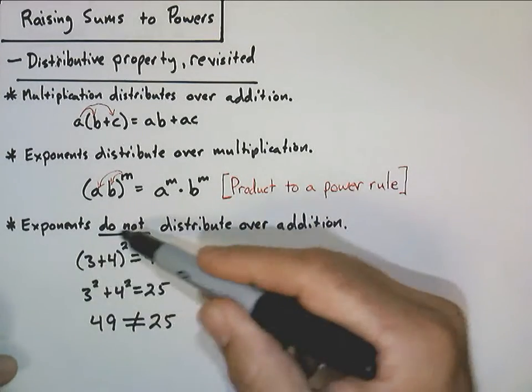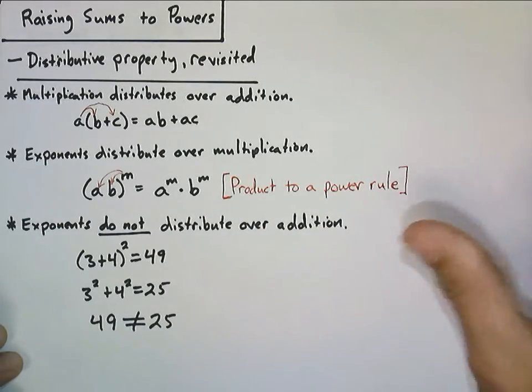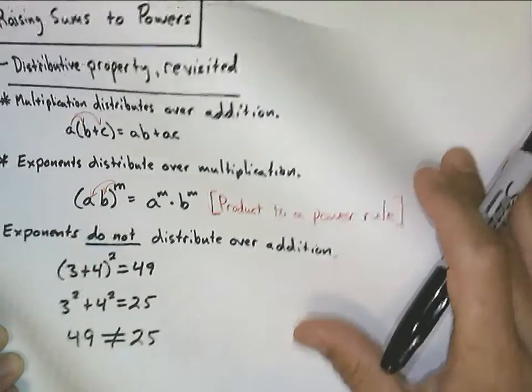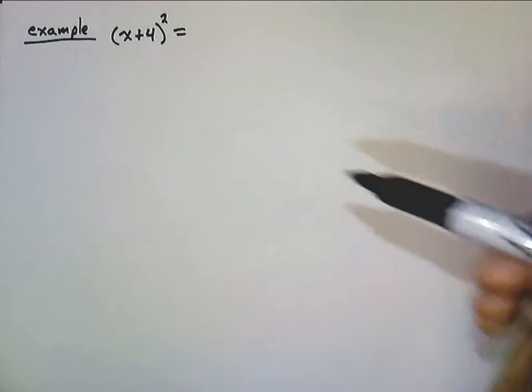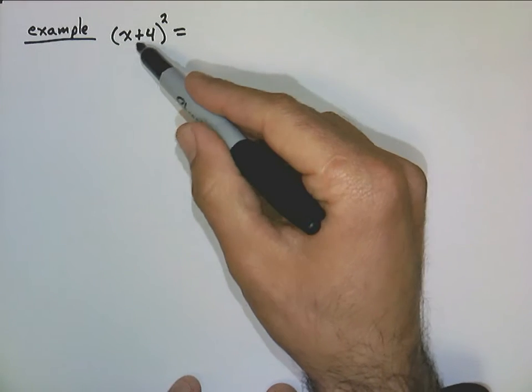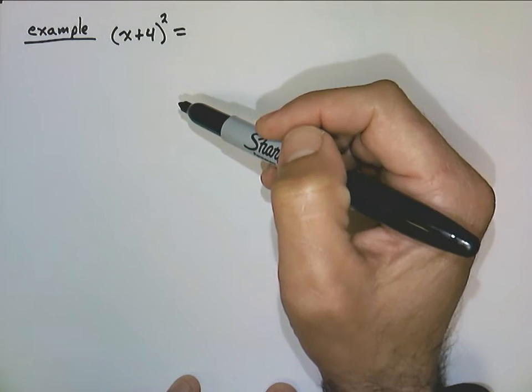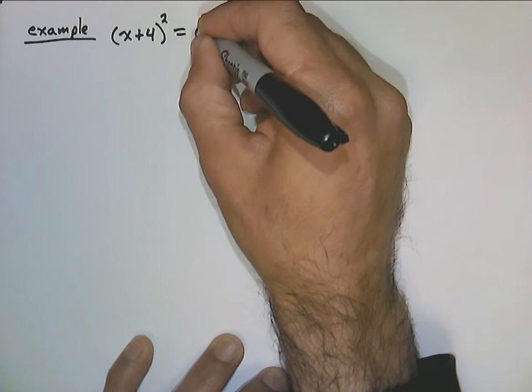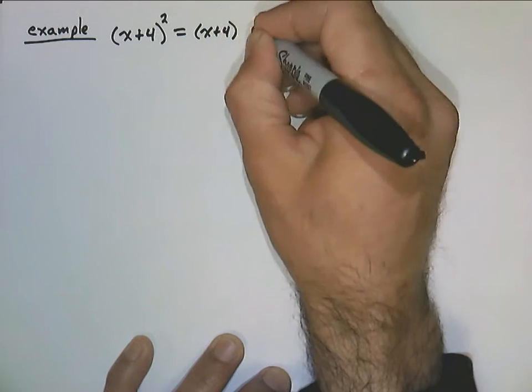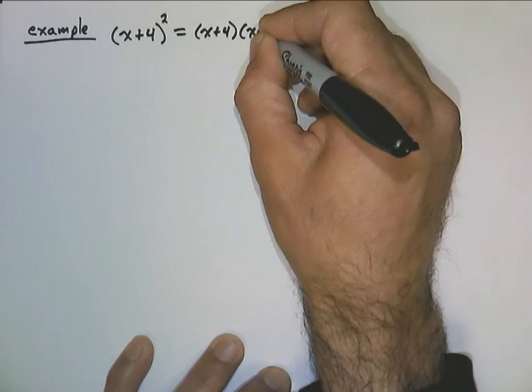So when we have something like this and want to simplify it, what are we going to do? Basically it's going back to the distributive property. For example, if we have x plus 4 squared, we're going to rewrite this as a multiplication: x plus 4 times another x plus 4.